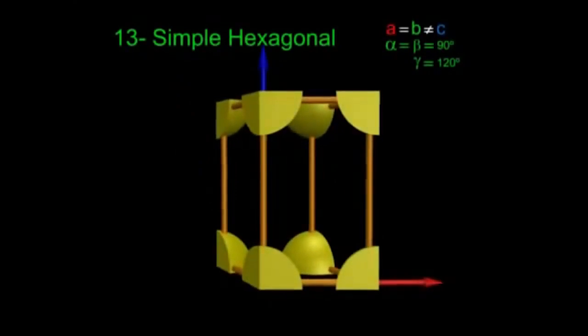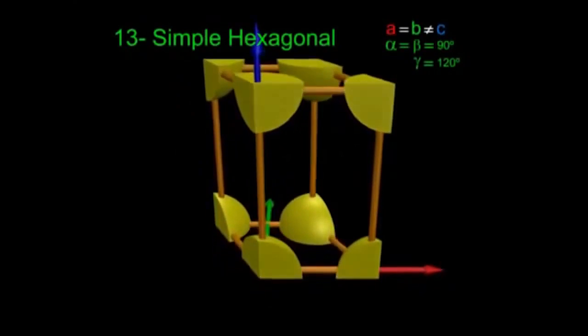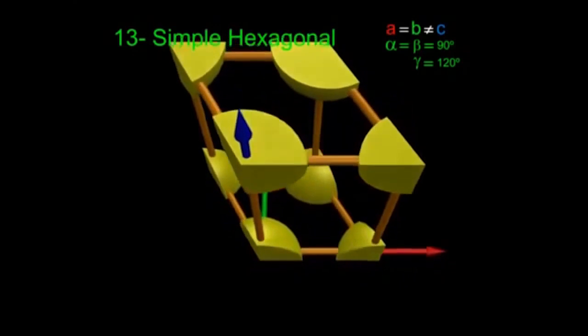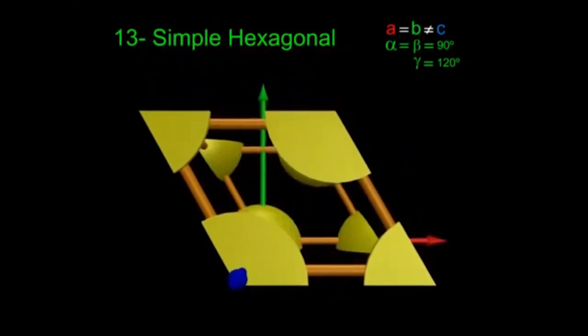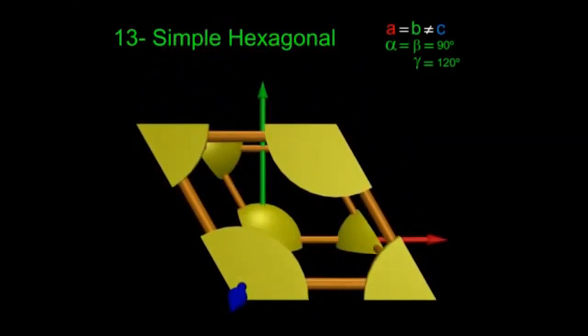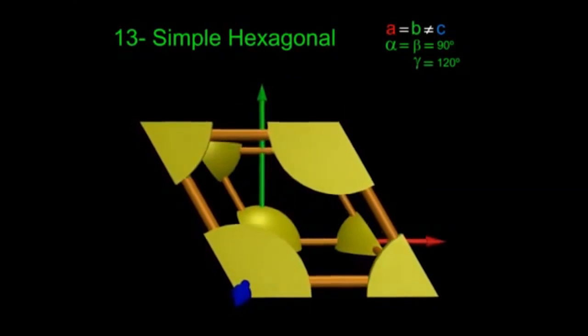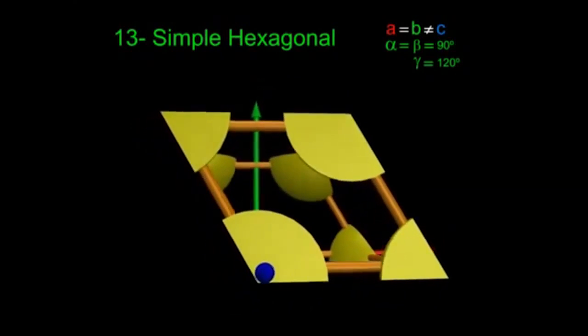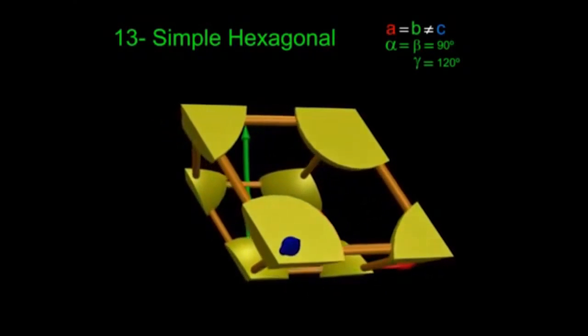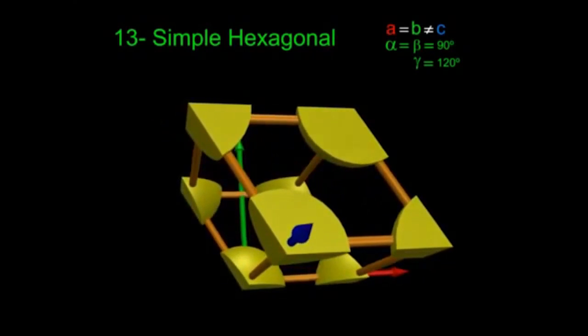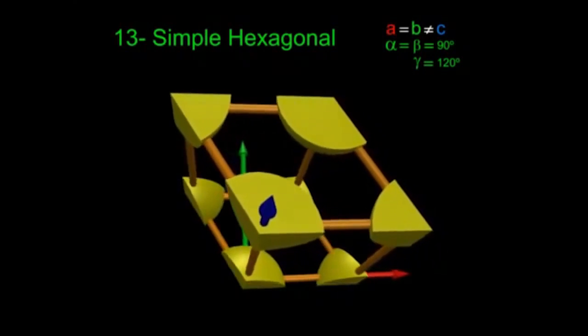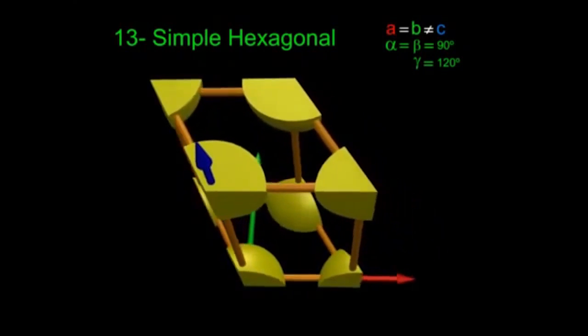This is the simple hexagonal structure. A and B are equal, but C is not equal. So here, observe A and B are equal, and alpha and beta are 90 degrees. Gamma, this is the gamma angle, it is 120 degrees. At the spot where you are observing blue, you will find 120 degrees.